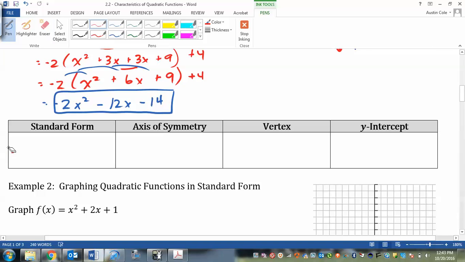And actually I'm going to write towards the top here. ax squared plus bx plus c. I'm going to say a, b, c equal numbers. Okay, a, b, and c just represent numbers or coefficients.